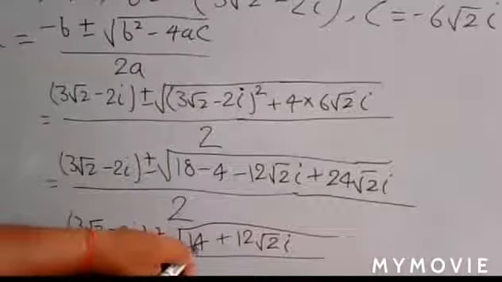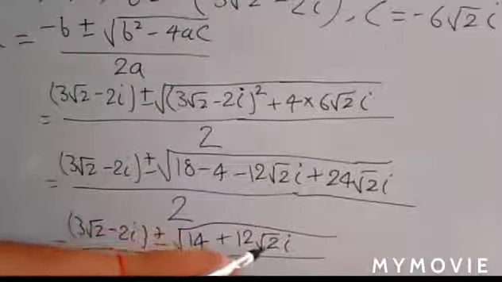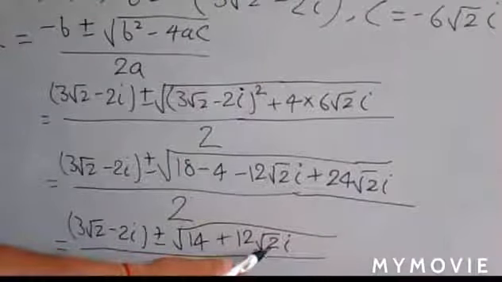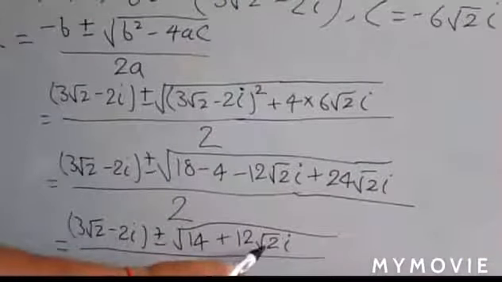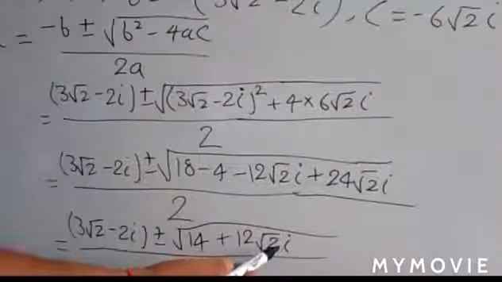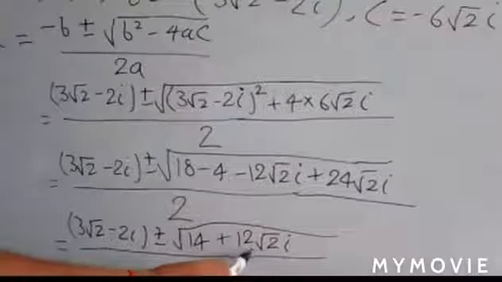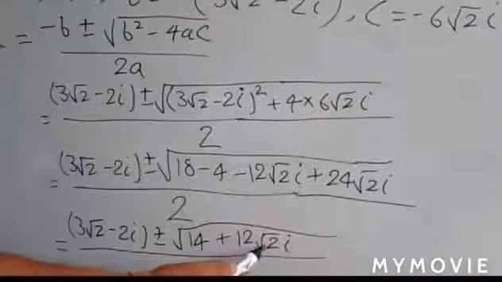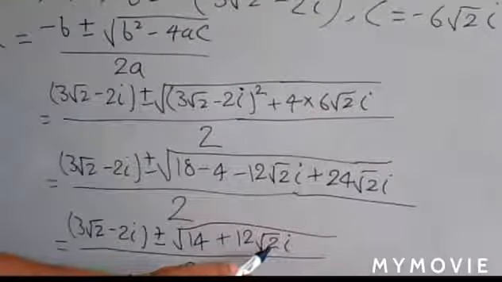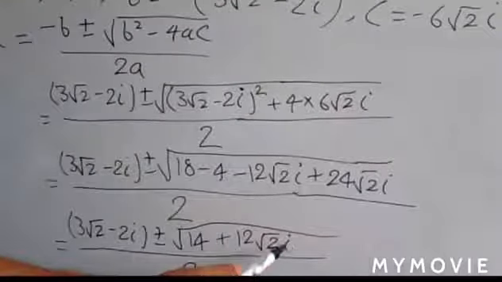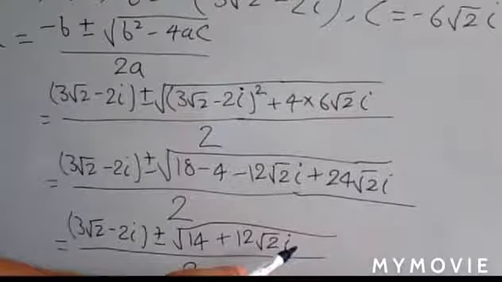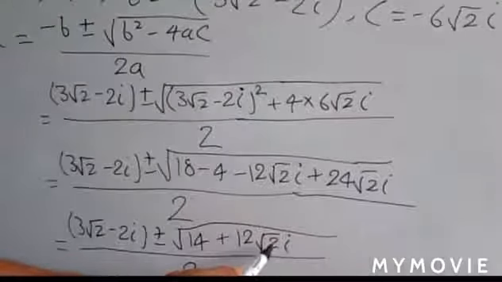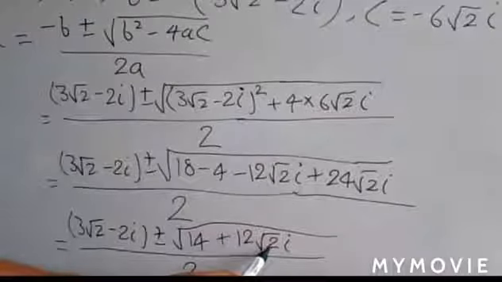So just see, here you have 14, and listen, your middle term is 12 root 2 times i. Clear? So if you divide it by 2, you have 6 root 2. Here root 2 is there, so no doubt there will be a term which is the square of root 2.